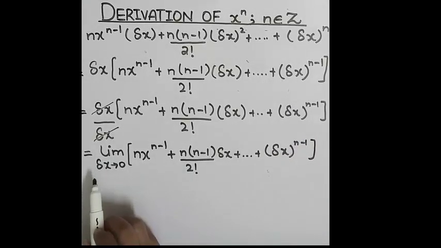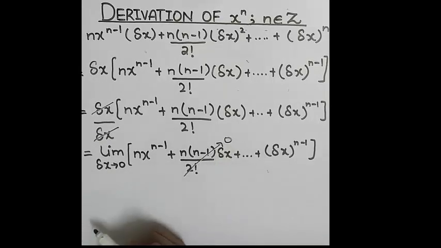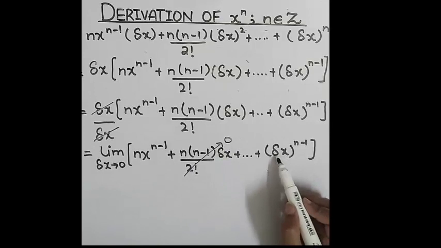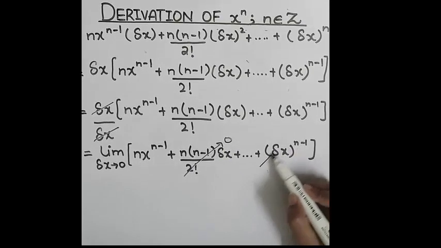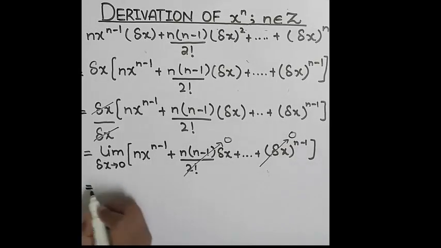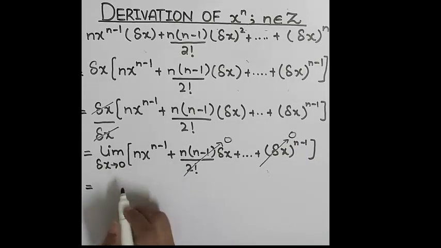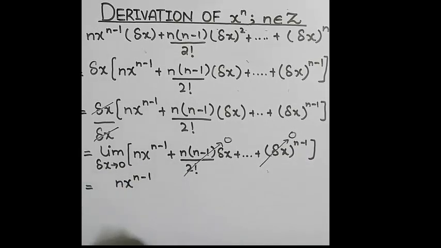Now the limit is that delta x is approaching 0. This delta x will approach 0, and this term is delta x raised to power n minus 1, and delta x is approaching 0. So we are only left with this term, n x^(n minus 1).